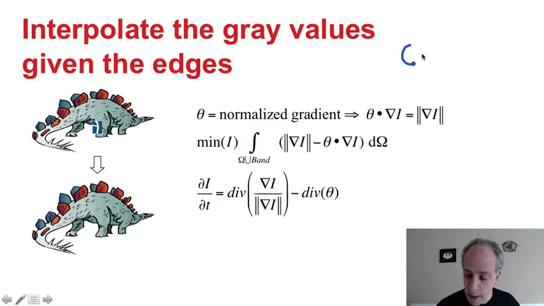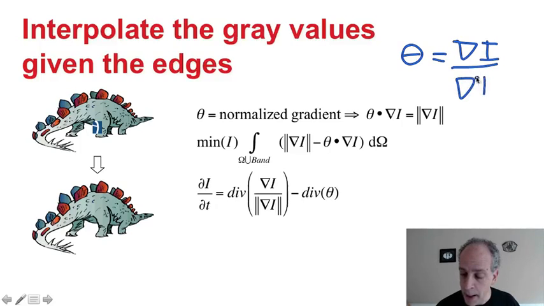Remember, the normalized gradient: theta is the gradient divided by its magnitude. Now, we have to be a bit careful when the magnitude is 0. Basically, there is no gradient. So we leave that aside for the second. So this is what we were given.